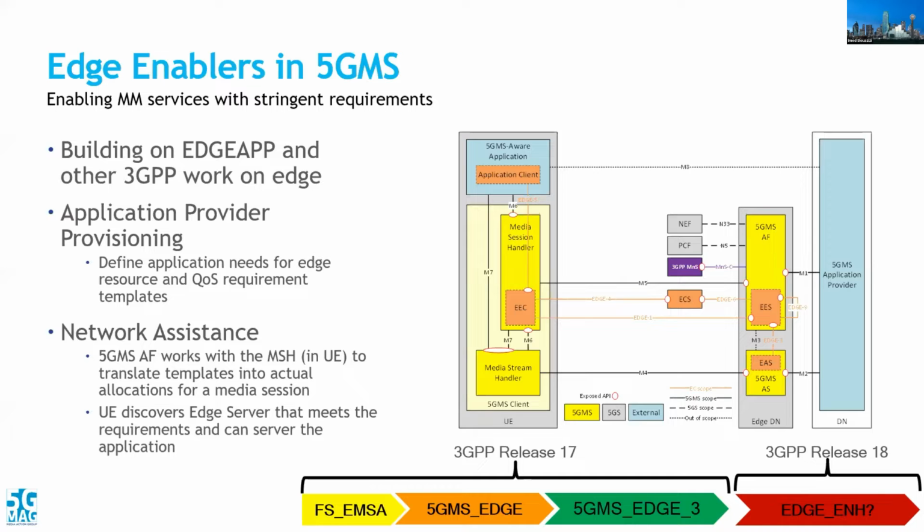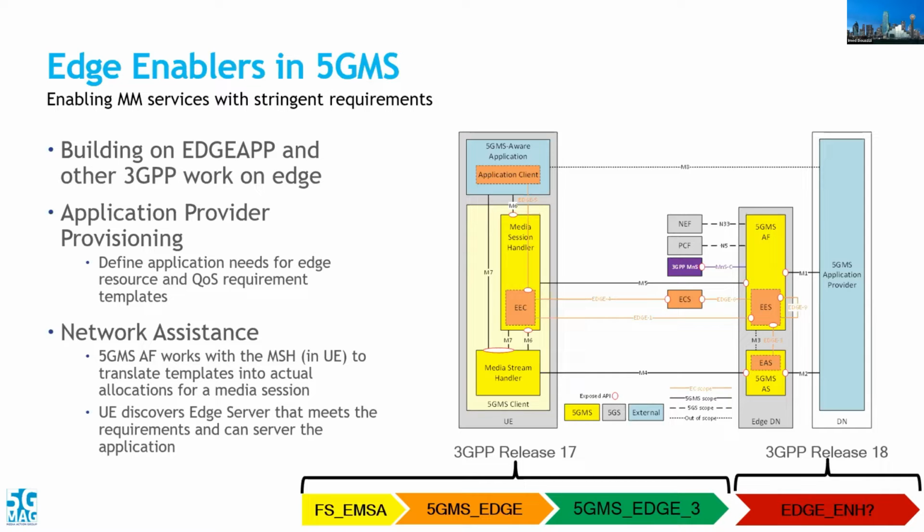So once that procedure is done, we provide information over M5 that would help the EEC to discover these Edge resources or the proper Edge application server through the Edge 1 interface that's shown there.